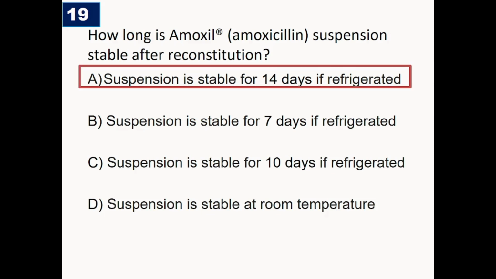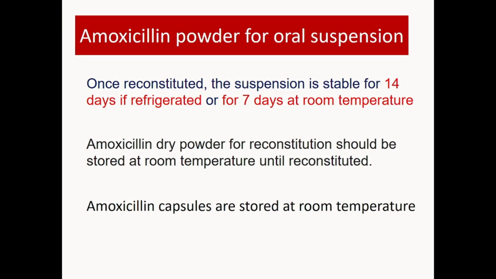The correct answer is amoxicillin suspension is stable for 14 days if refrigerated. However, it can be stored for 10 days at room temperature, or 7 days at room temperature. So this is for amoxicillin dry powder reconstituted suspension, whereas amoxicillin capsules can be stored at room temperature.